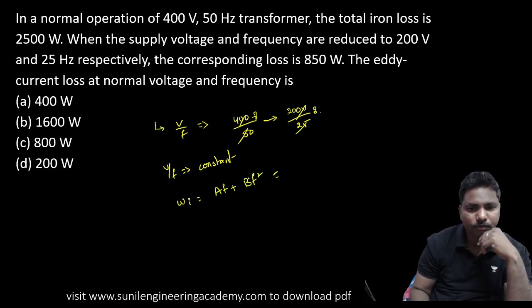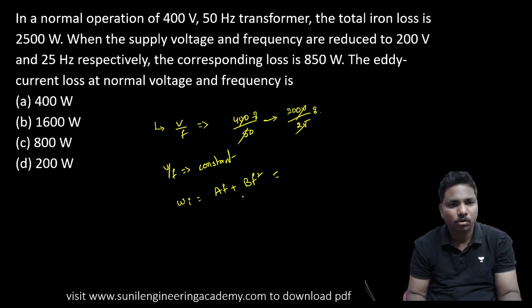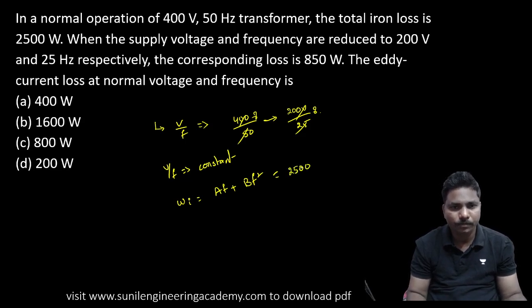Initially the total iron losses are 2500. Whenever this changes, the iron losses will be AF plus BF square, with value 850.